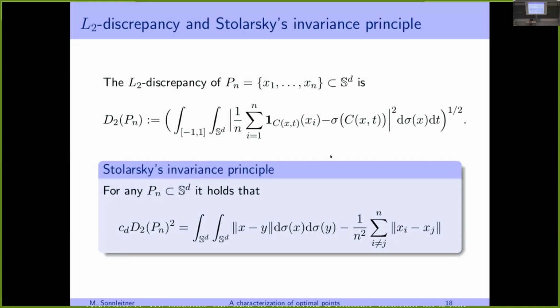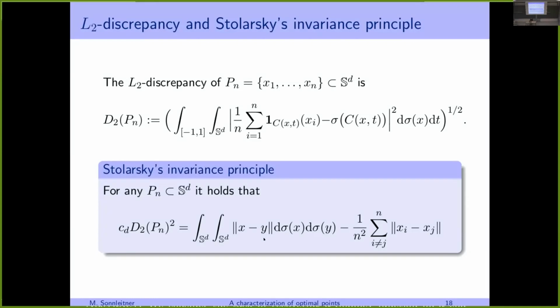And then I want to mention Stolarsky's invariance principle, which was already mentioned by Johann Brauchart in the previous talk, and I think also before, last week, for example. And it states that this discrepancy squared is an energy difference, where we have this energy kernel with the Euclidean distance.